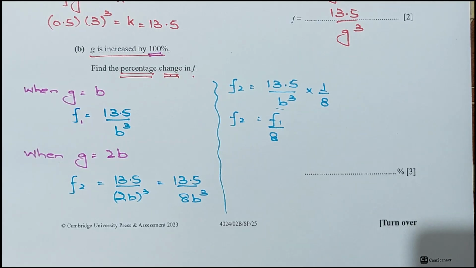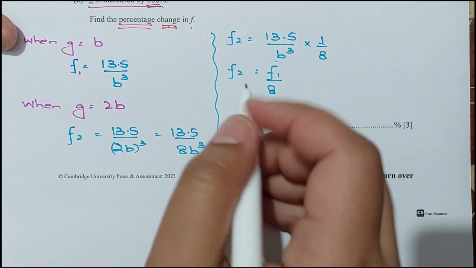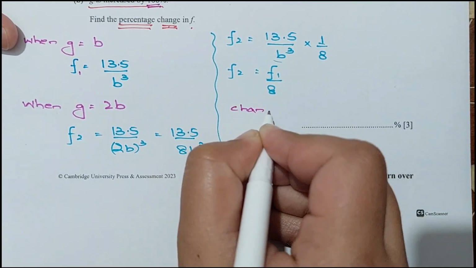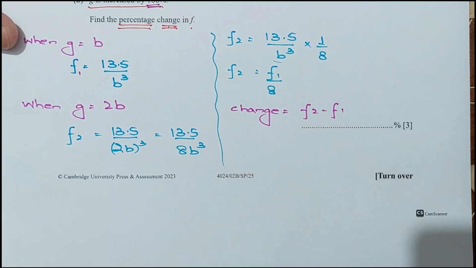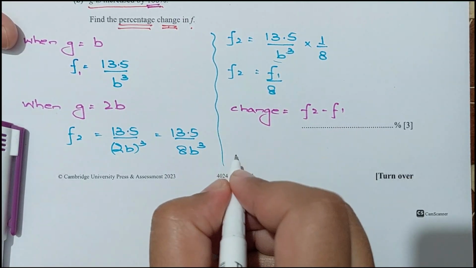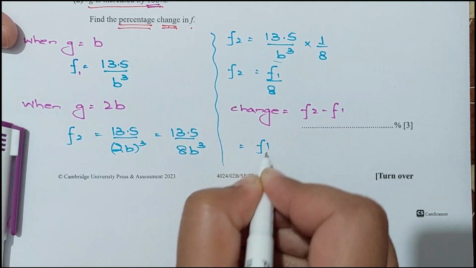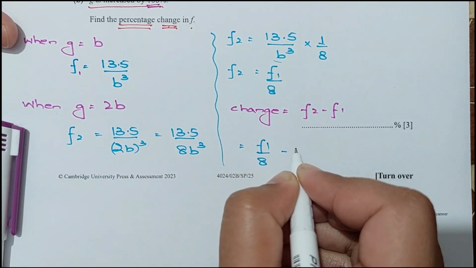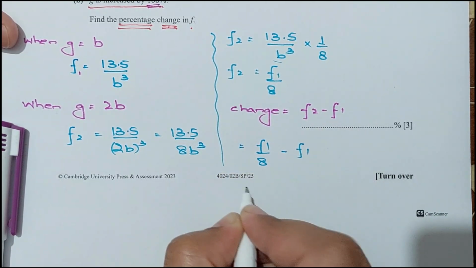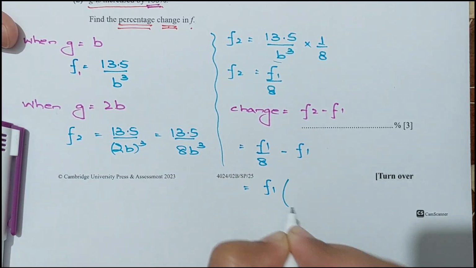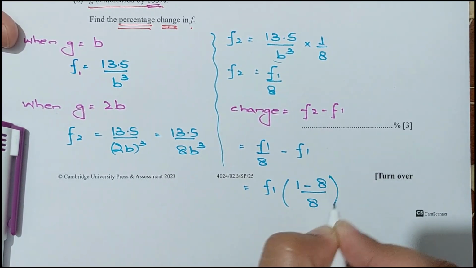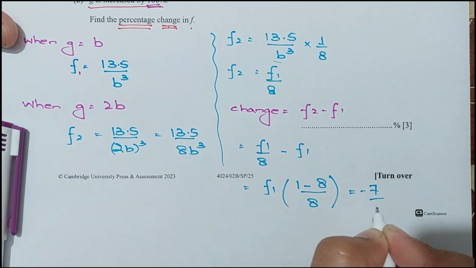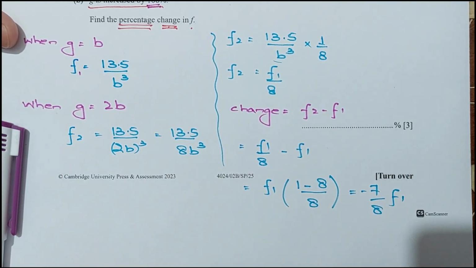Now we have to find their change. So what is the change? The change in F2 and F1 would be F2, which is F1 over 8, minus F1. So F1 is common: 1 minus 8 over 8. This is negative 7 over 8 F1. This would be the change.